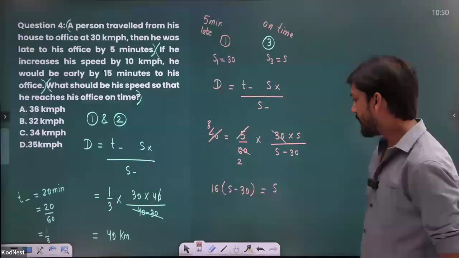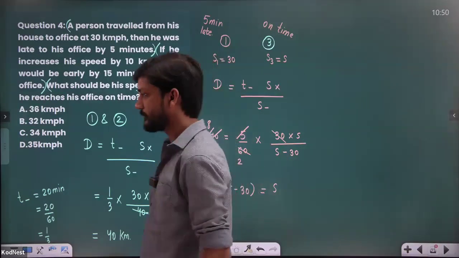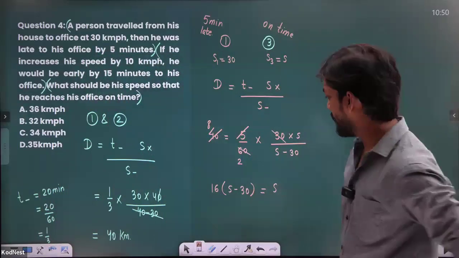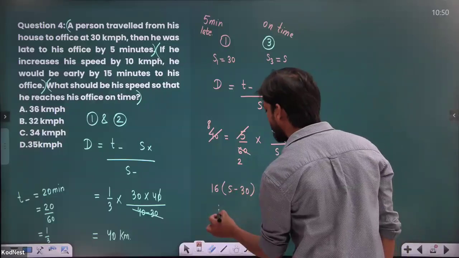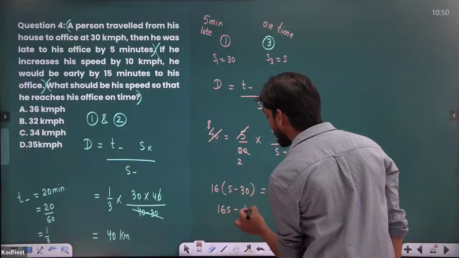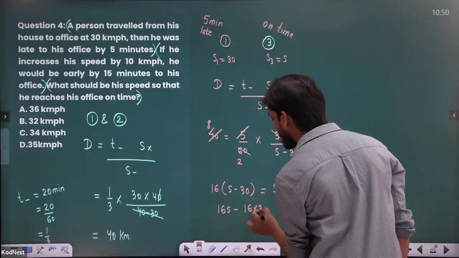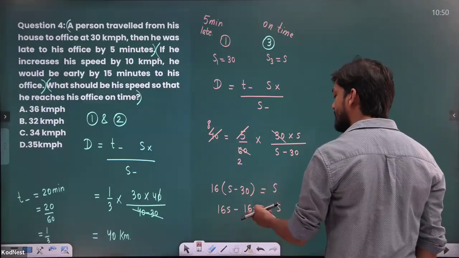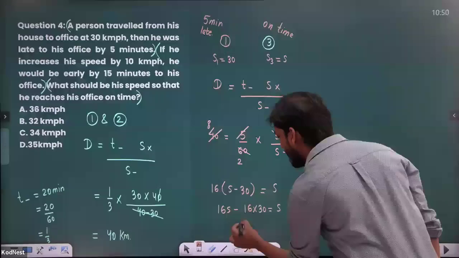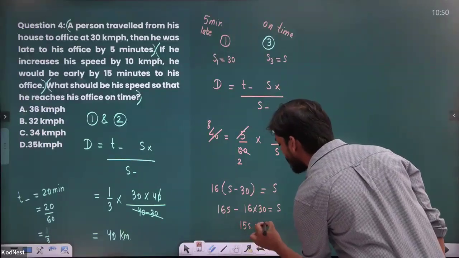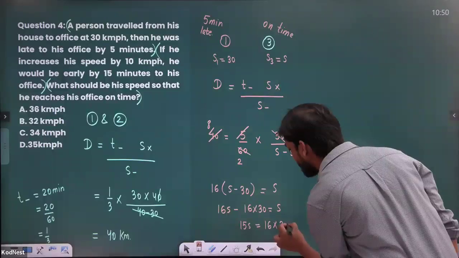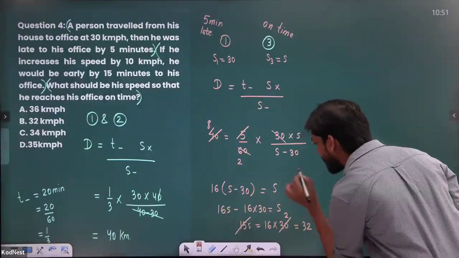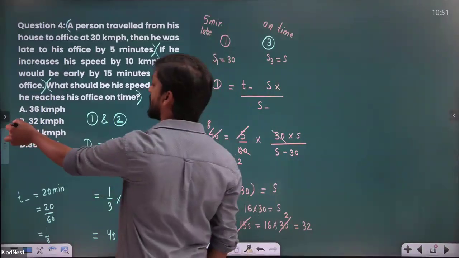Solving this, we get 16 into S minus 16 into 30 equals S. This S will go there and 16 into 30 will go there. So I will get 15S equals 16 into 30. Now 15 will cancel out 30, so 32. So 32 is the speed I will get, 32 kmph.